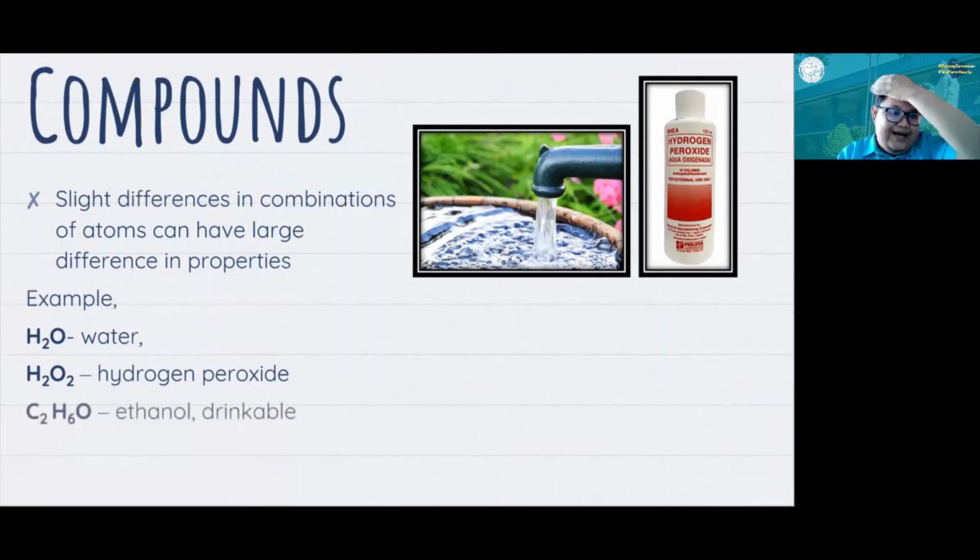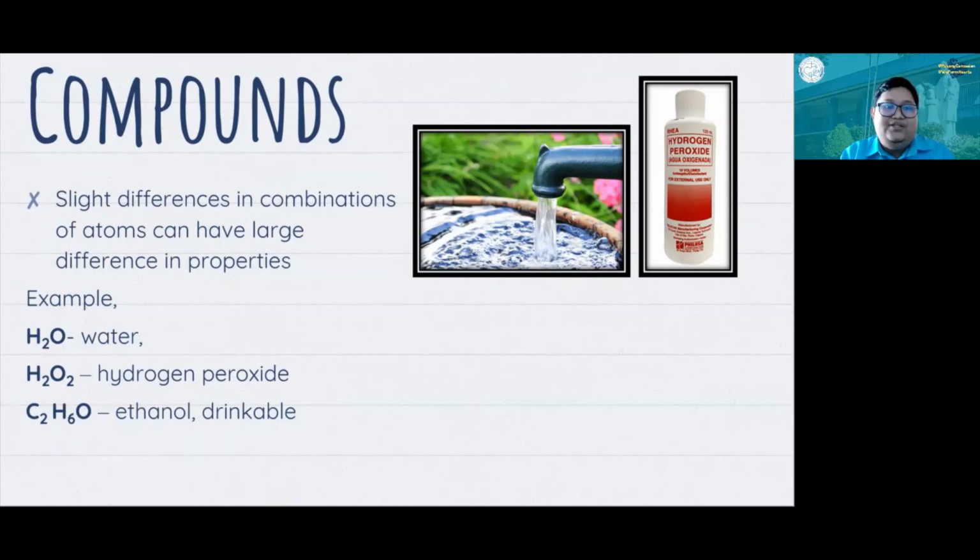Now, another example is ethanol, or ethyl alcohol, which is drinkable because we use that also for our beverages. C2H6O is the chemical composition of this compound. We have two atoms of carbon, 6 atoms of hydrogen, and 1 atom of oxygen.